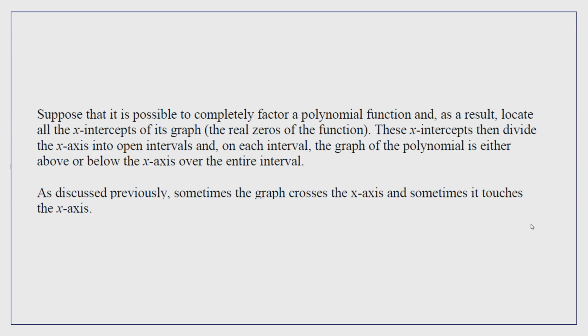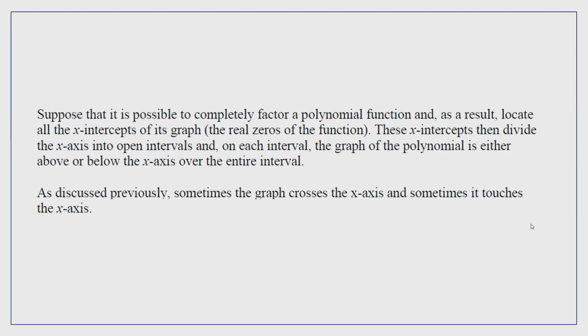So suppose that it is possible to completely factor a polynomial function and as a result locate all the x-intercepts of its graph, so the real zeros of the function. These x-intercepts then divide the x-axis into open intervals, and on each interval the graph of the polynomial is either above or below the x-axis over the entire interval.